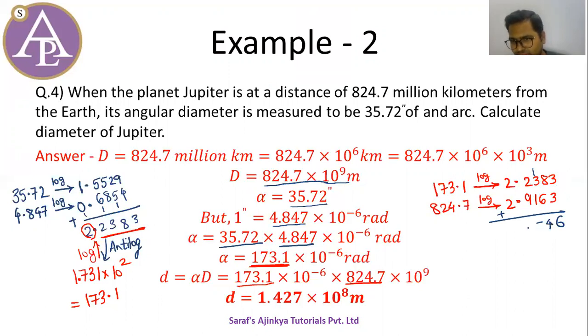And this is 5. This is 11. And this is carry 1. Now we have to take antilog. So what is antilog of this? So look at these digits. For antilog, we look at digits after a decimal. So 0.1546, 1546.